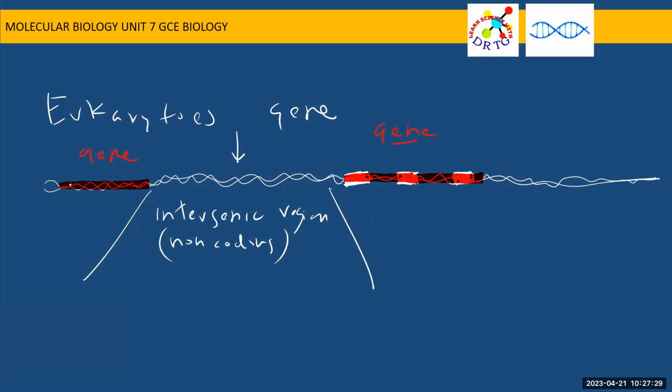And if I take this gene, yes, there could be regions like this: 1, 2, maybe 3, 4. Now, what does it mean? A gene has two different regions. Now, I hope you understand that between genes, the region is called the intergenic region, which is non-coding. And now we are coming to the genes. Again, two regions. These three represent one type of region, and these three represent one type of region.